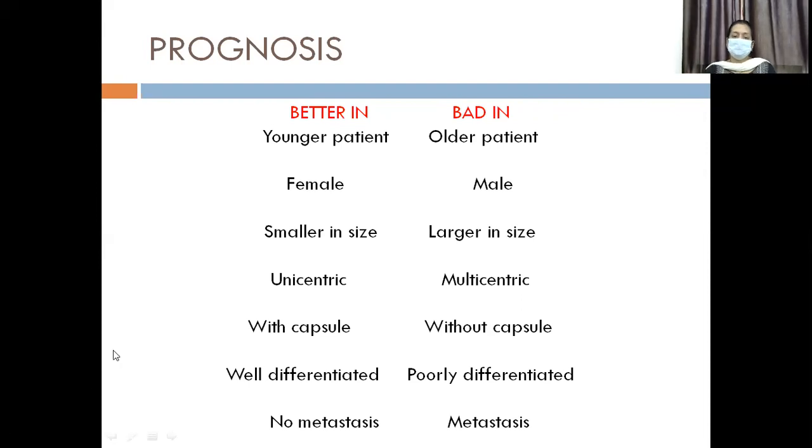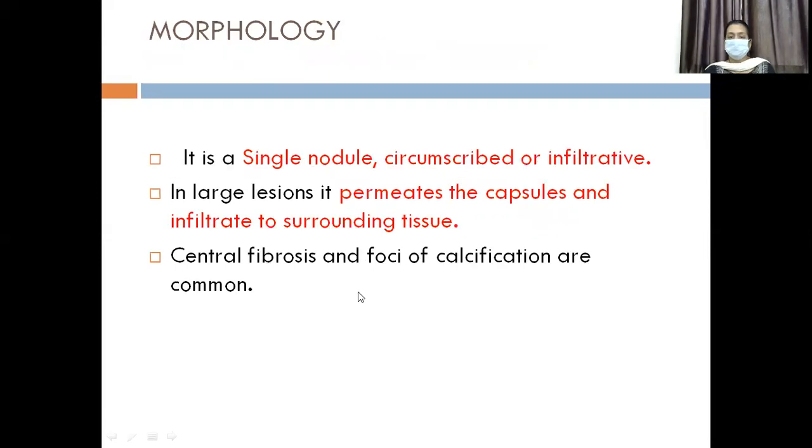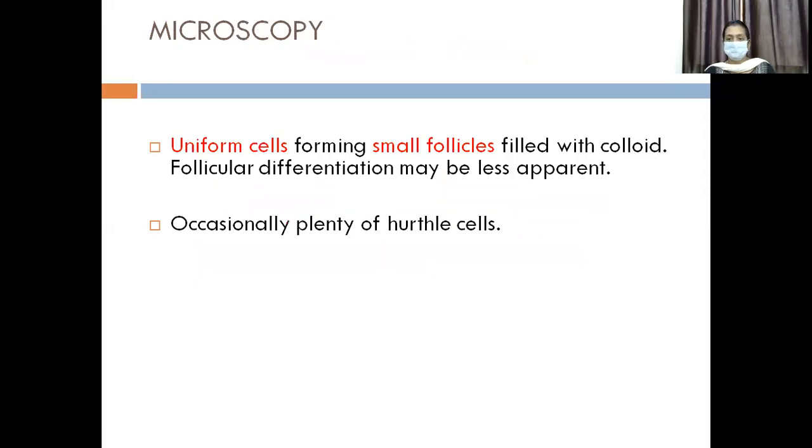Once we are not able to distinguish whether it's a thyroid cell or what cell, then it is poorly differentiated. So coming to the next carcinoma, it is follicular carcinoma, the second most common type, at 40 to 50 years. I told you while discussing iodine deficiency, Graves' disease and nodular goiter may precipitate follicular carcinoma. It is circumscribed, permeating the capsule, infiltrating the surrounding tissue, with central fibrosis, and foci of calcification can be there.